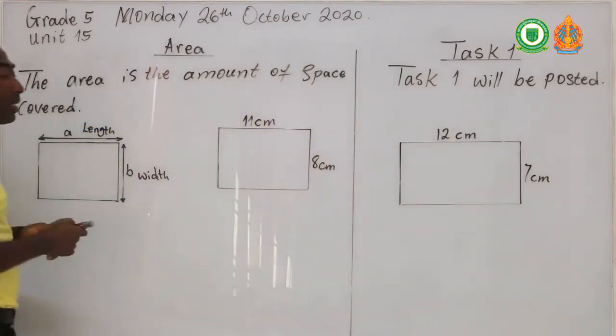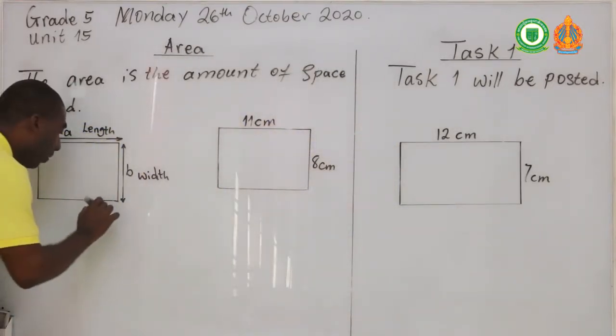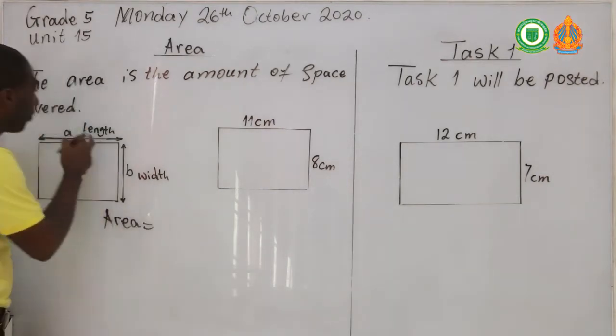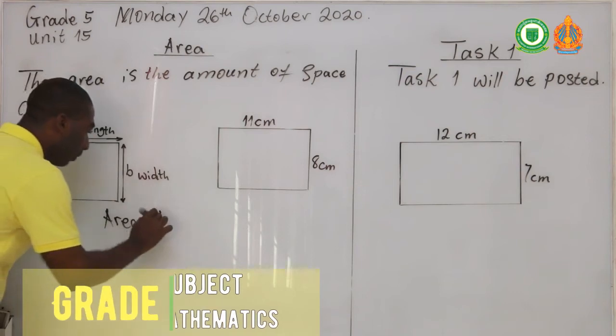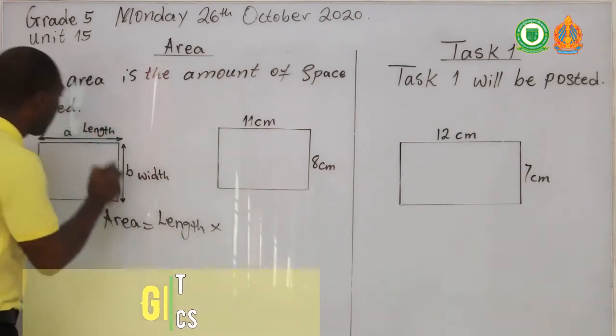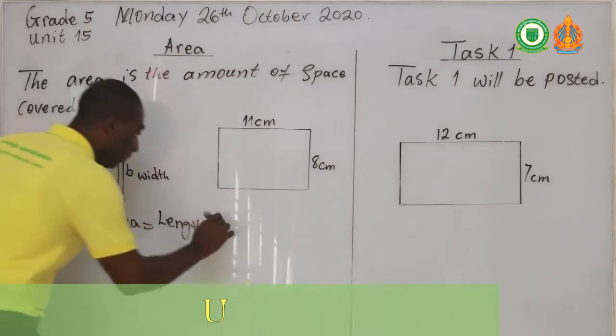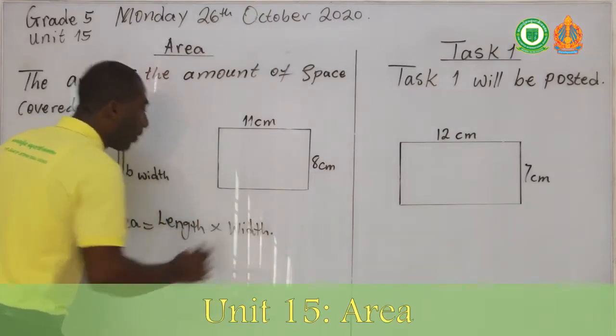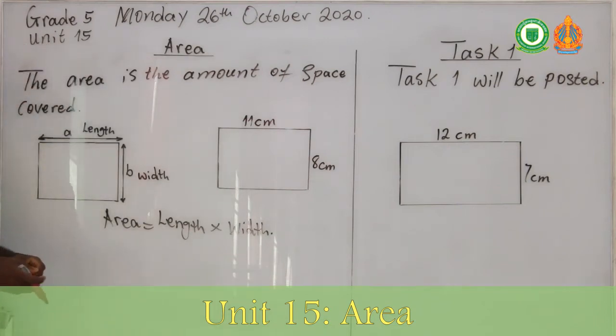First, we need to understand that area is equal to your length times your width. So that's the first thing that we need to understand.